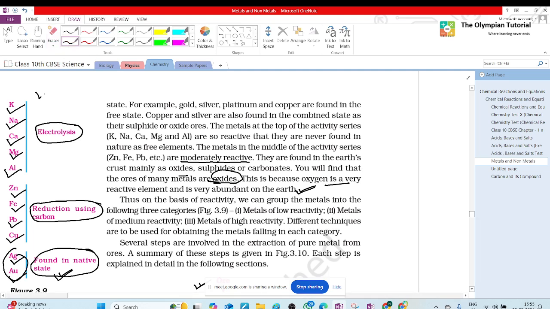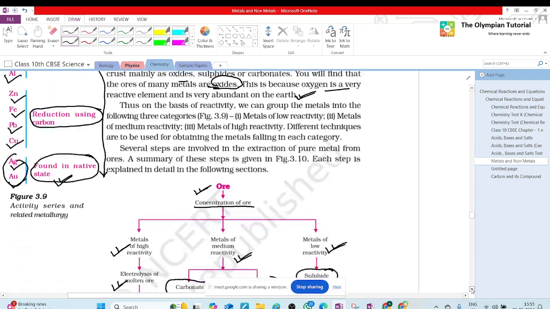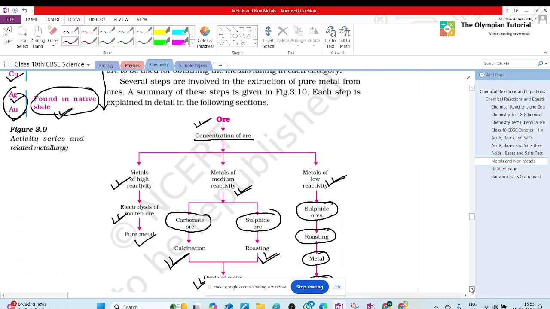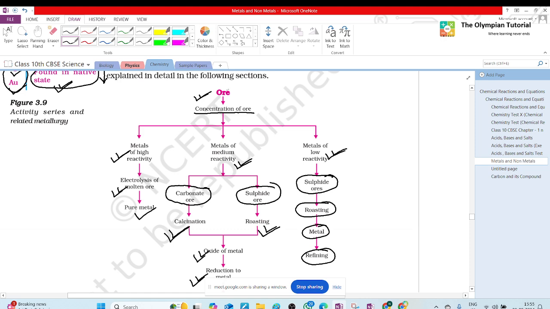Metals on the top are highly reactive and as we go down they are least reactive. The condition of metal in which we get it from the earth's crust is known as ore. Firstly, concentration of ore means after washing it, the ore is concentrated.